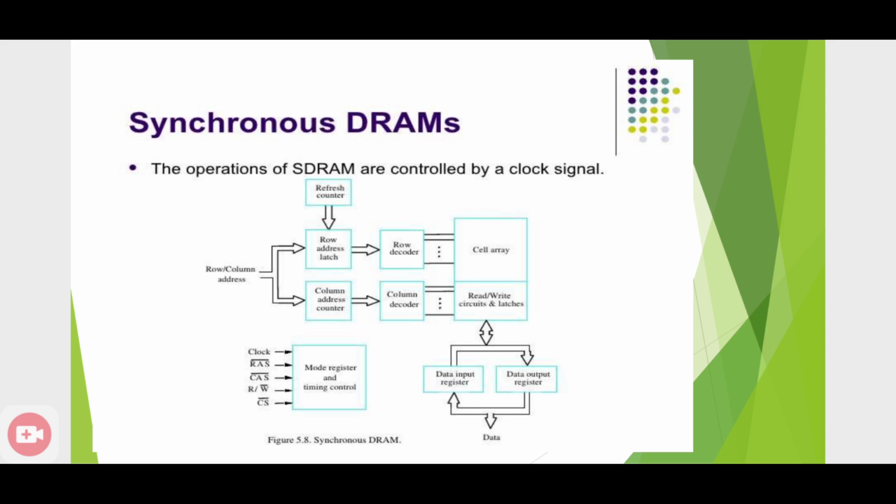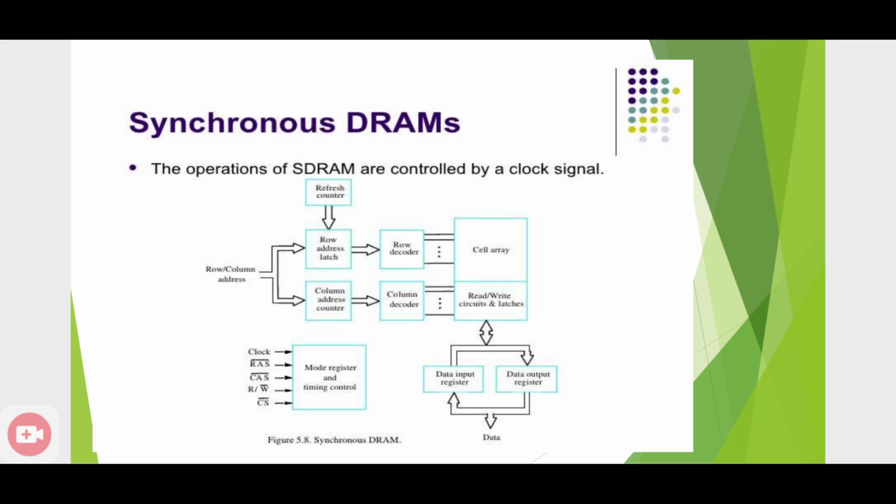So synchronous DRAM is a dynamic RAM. RAM is random access memory. DRAM means dynamic random access memory. In static memory, as long as the power is applied, its states are retained. But in the case of dynamic RAM or dynamic memories, periodic refreshment is there, dynamically changing the state.